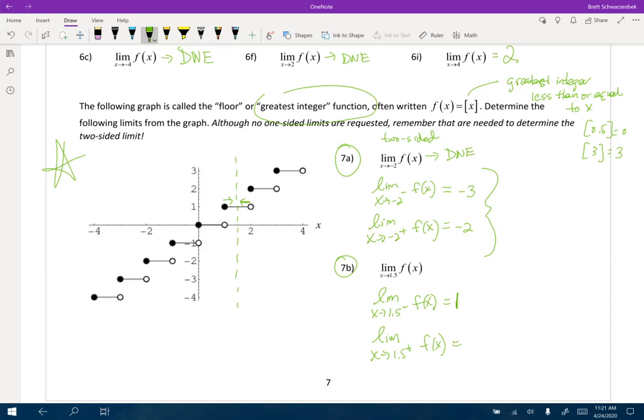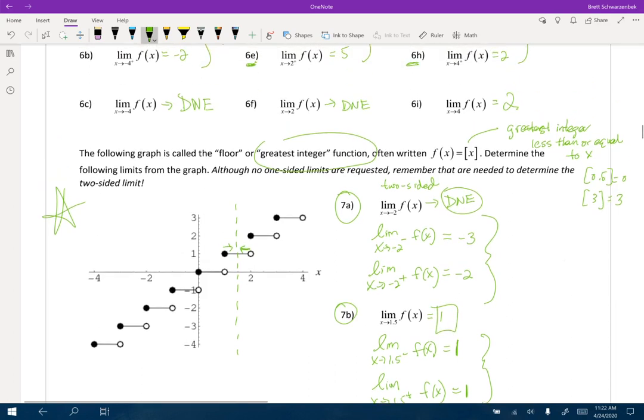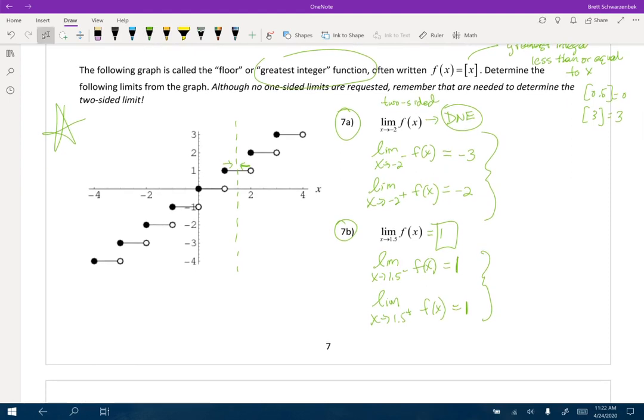As we're walking across that, what height are we approaching? Look at that. Because these are the same, the two-sided limit is going to be 1. So two different scenarios, one that resulted in does not exist, one that resulted in a solution of 1, but a very good example of how limits work in terms of what we're going to be doing.